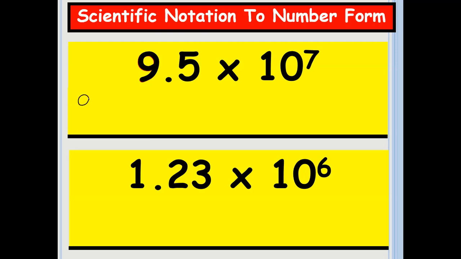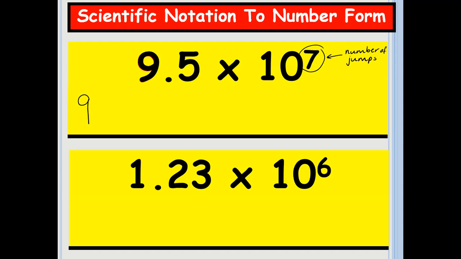So I'm going to write the 9 out first. And then I know that my 7 is my number of jumps.